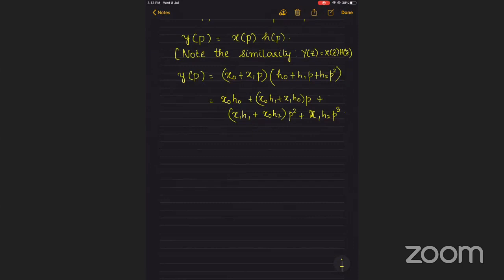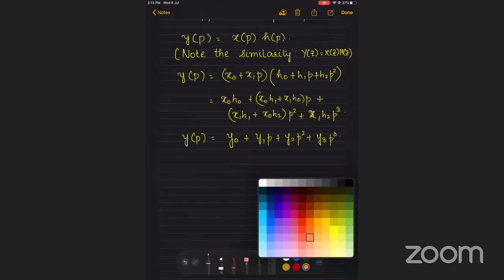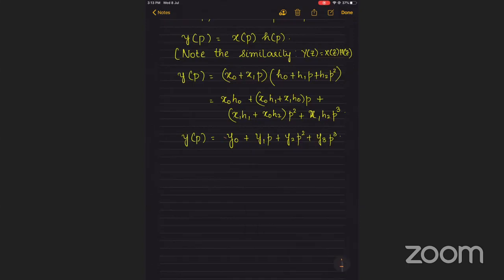Now if I had y of p to be a polynomial like this, y naught plus y1p plus y2p square plus y3p cube, all I need to do is compare this with this, compare this and this, compare this and this.